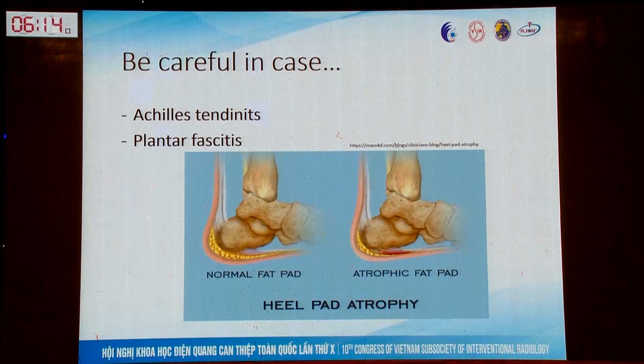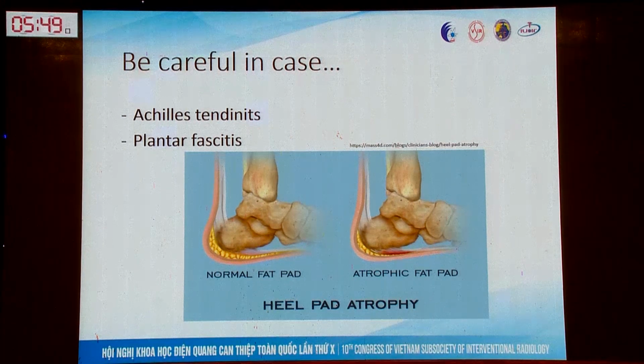But Achilles tendon and plantar fasciitis are special because they are very close to the normal fat pad. So if we use corticosteroid for these diseases, the fat pad can be easily affected. As you know, corticosteroid has atrophic effects on fat.